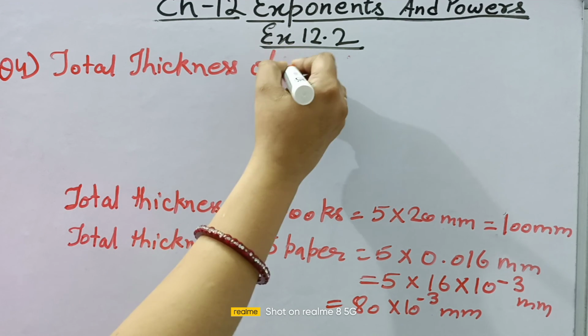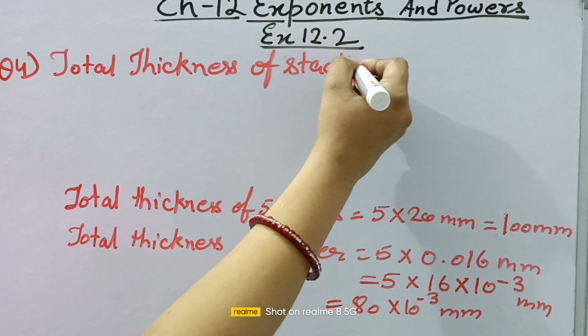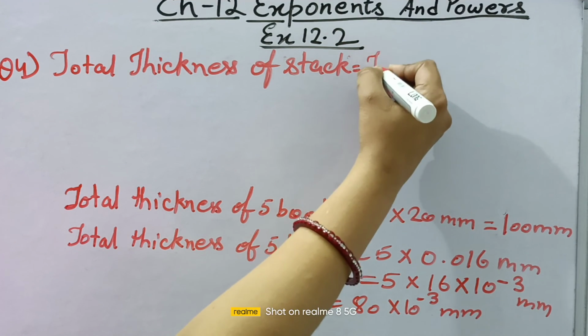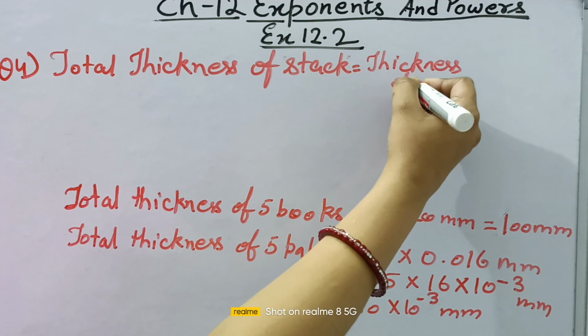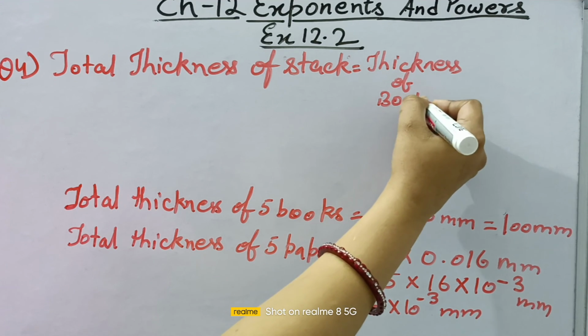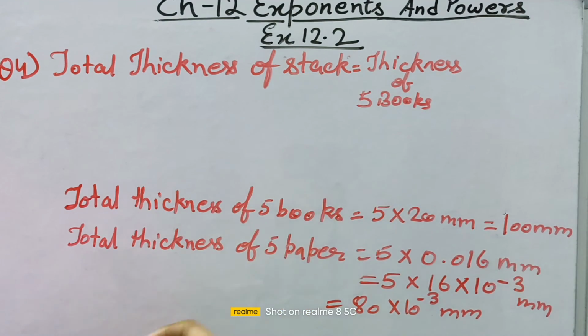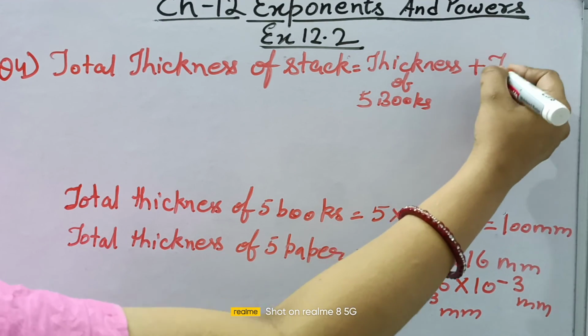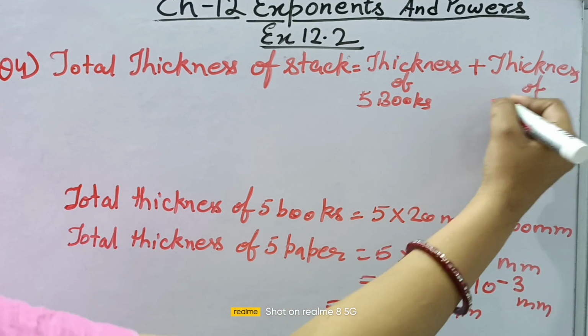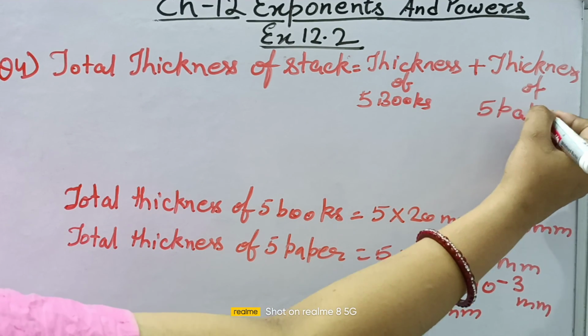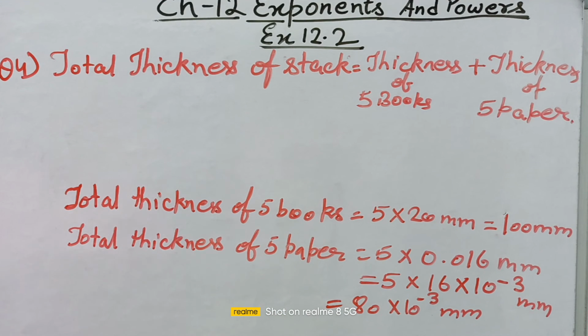Total thickness of a stack will be thickness of books, or you can write thickness of 5 books plus thickness of 5 paper sheets, right?